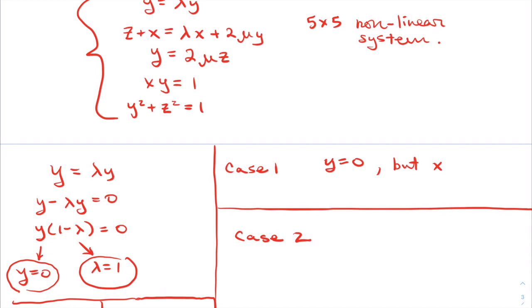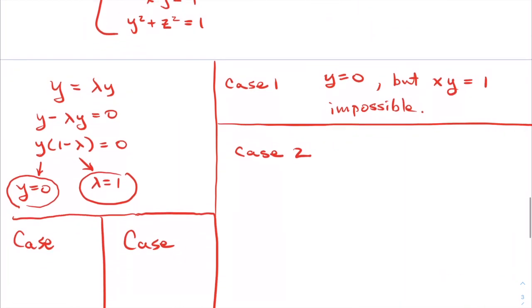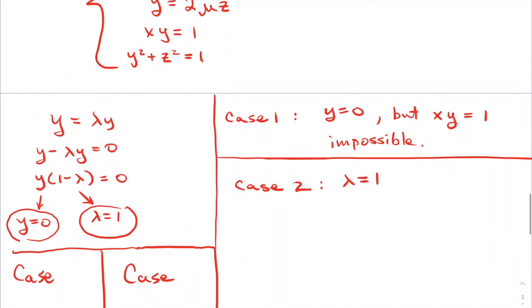Xy equals 1. If y is 0, that's impossible. So we'll just leave it out. This is not a possible value for y. So we move on. So case 2 is where lambda is 1. All right, I don't think there's a problem with that. And let's see where we can go with that.